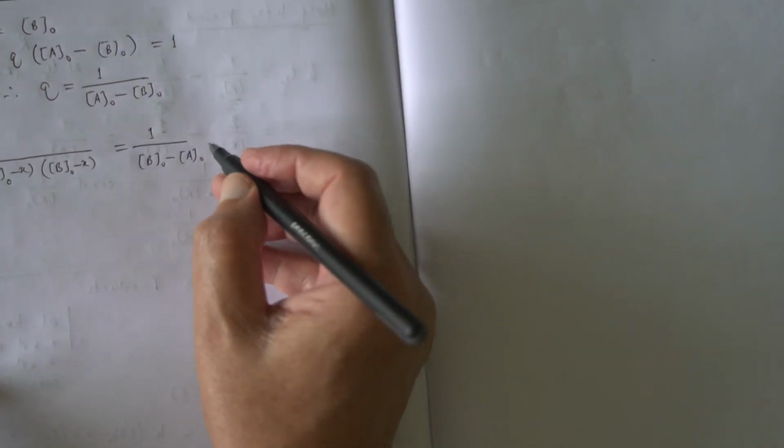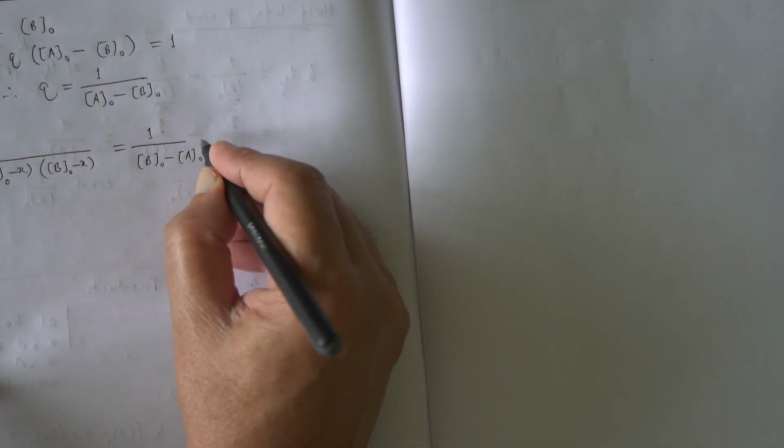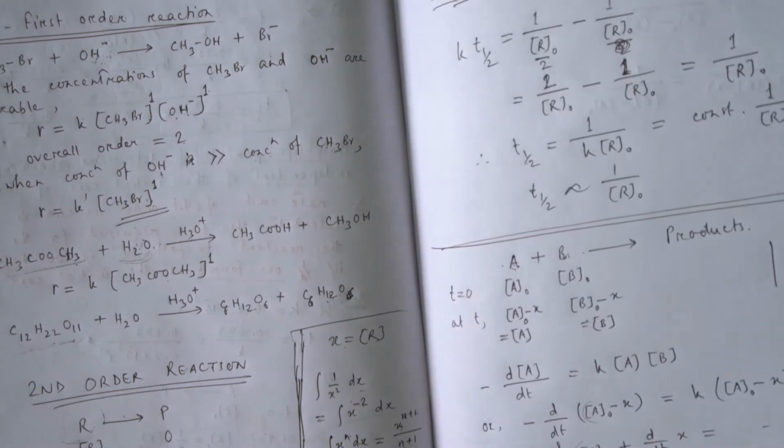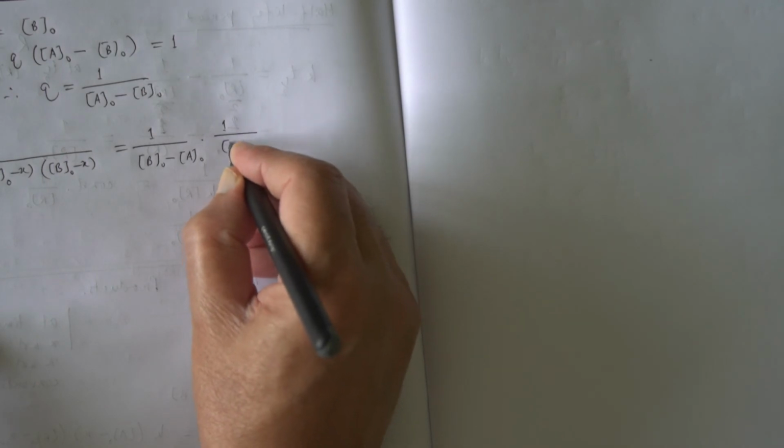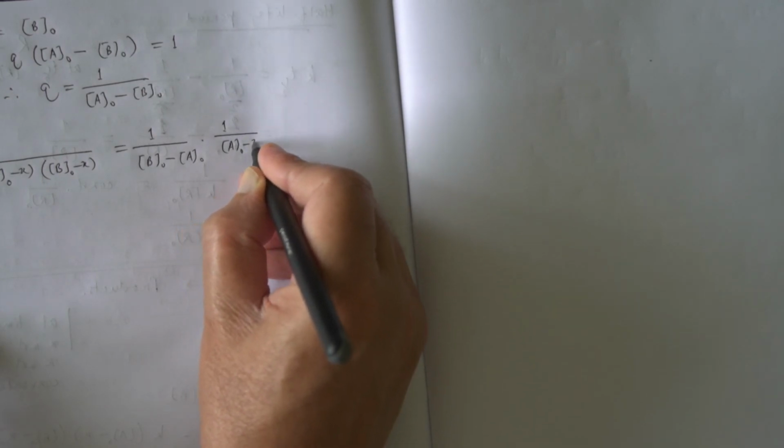Value of P is this, so into 1 by (A naught minus x).